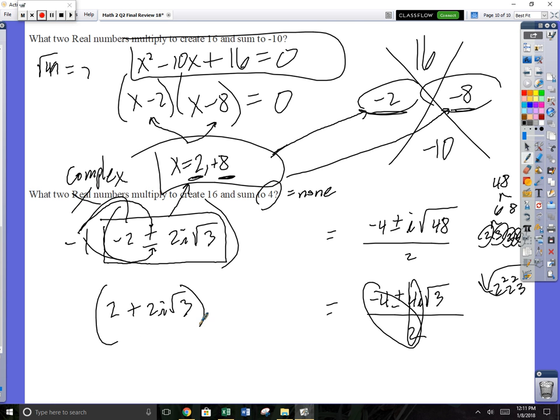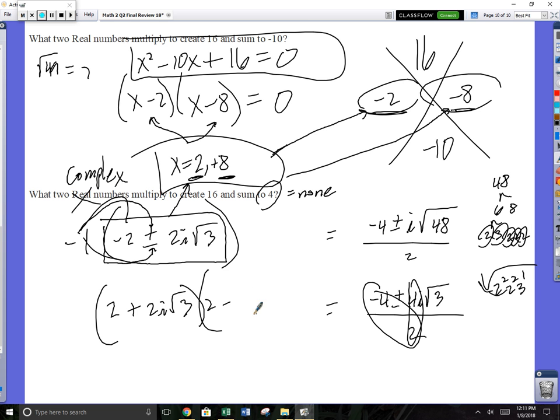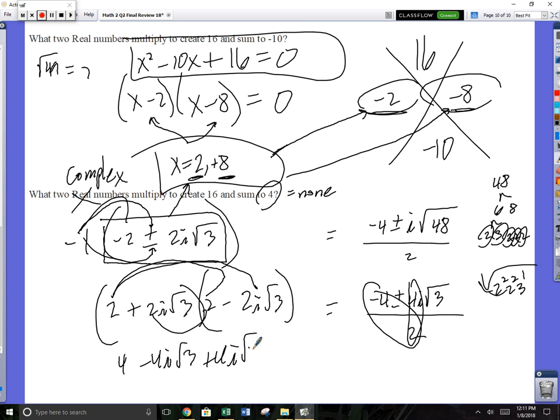So if I times this by 2 minus 2 imaginary square roots of 3, 2 times 2 gives me 4. 2 times a minus is a minus 4 imaginary square roots of 3. This times 2 is a positive 4 imaginary square roots of 3, and that is 0. And then 2 imaginaries times a negative 2 imaginaries. 2 times negative 2 is negative 4, and i times i is a negative 1, and the square root of 3 times the square root of 3 is the square root of 9, which is the whole number 3.